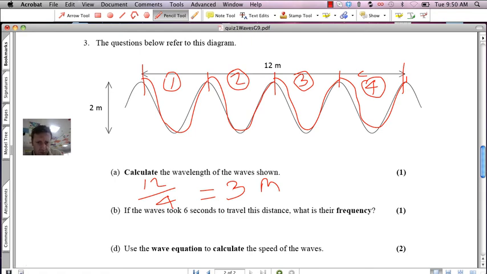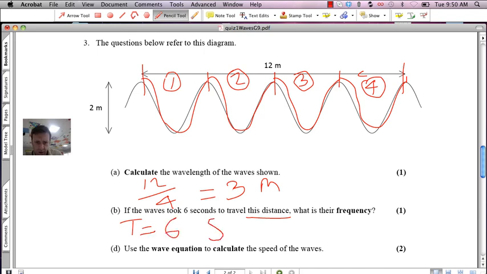If the waves took 6 seconds to travel this distance, so that is to travel one wavelength, what is their frequency? Okay, so the time to travel one wavelength is called the period. The period is 6 seconds.